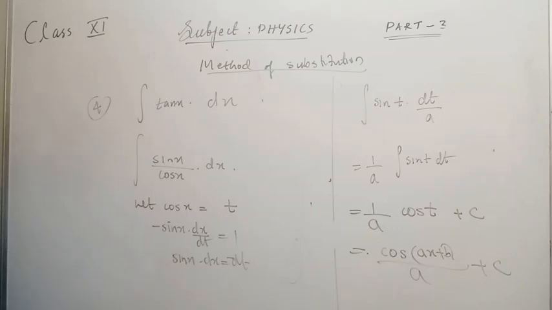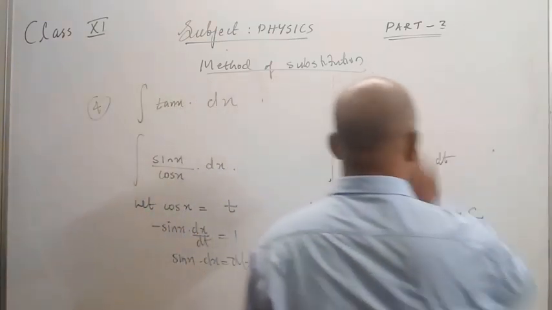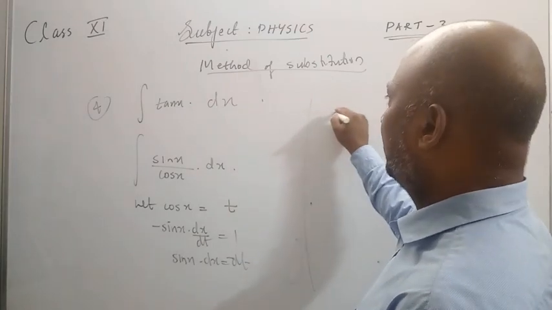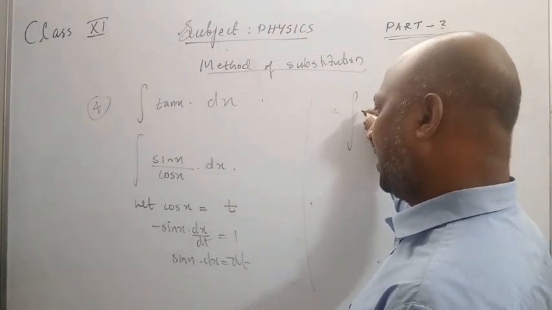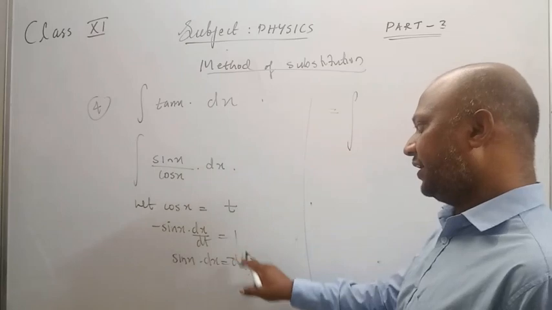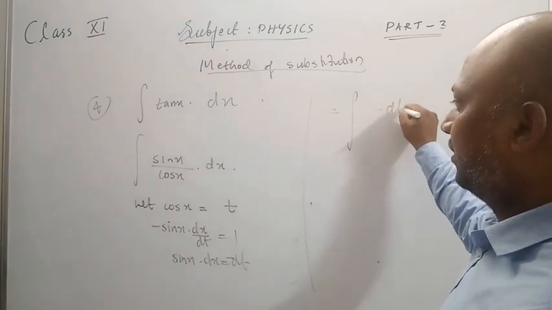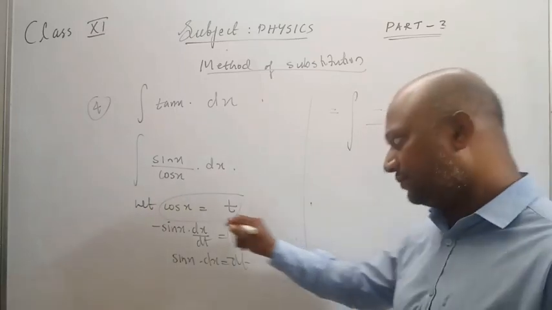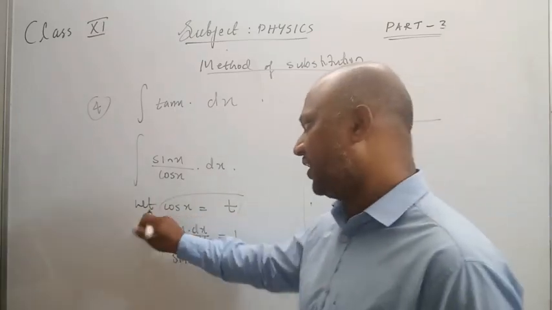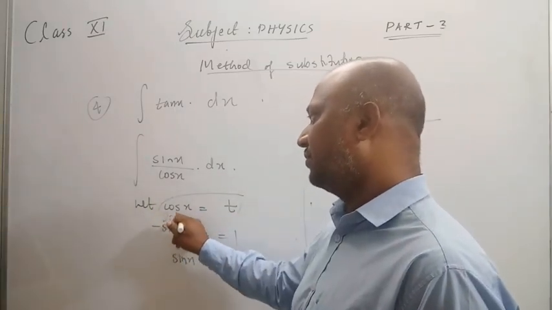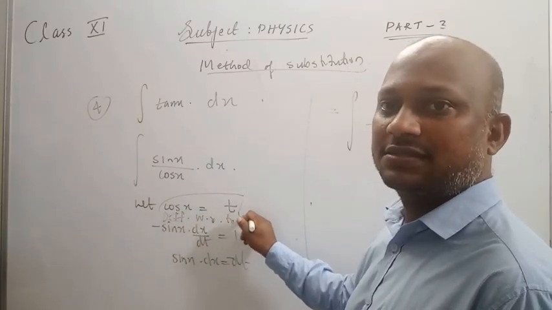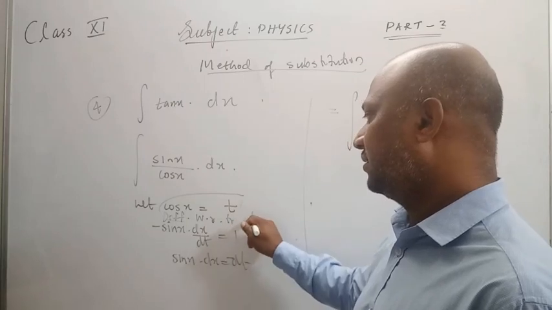So I can write the same integration like this. Integration, instead of sin x dx, I will be writing minus dt, and instead of cos x, I will be writing t.